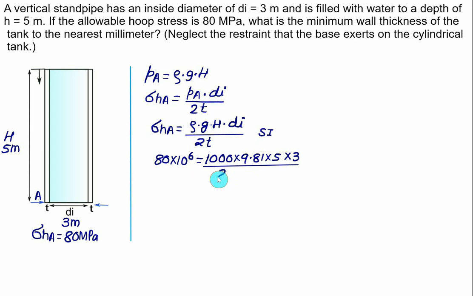And we have 2 times the wall thickness. So we have 2 divided by t. This time the answer of t will come in meter. So we have t equal to approximately 0.92 into 10 to the power minus 3 meter. Approximately we can take this answer equal to 0.92 mm, or we can approximate this answer equal to 1 mm.